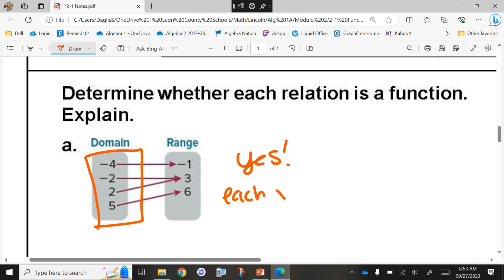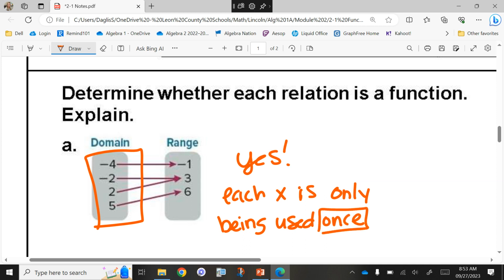Each x is only being used once. Okay, there's only one arrow.